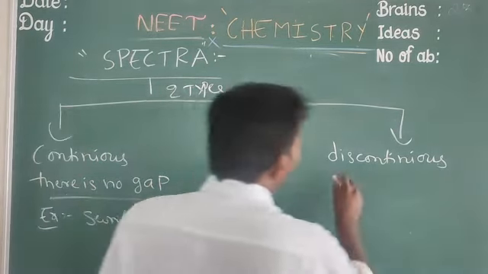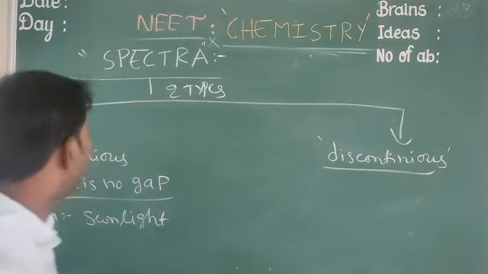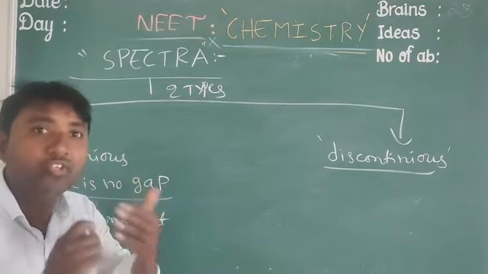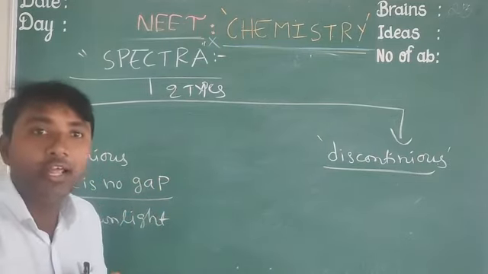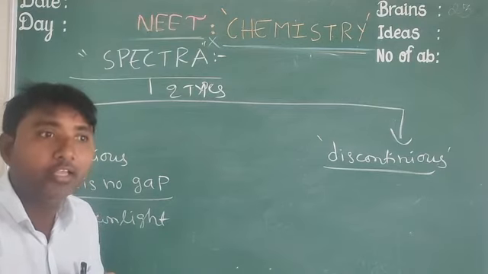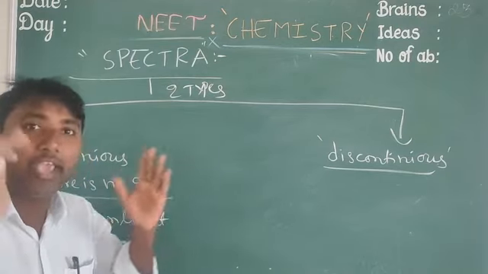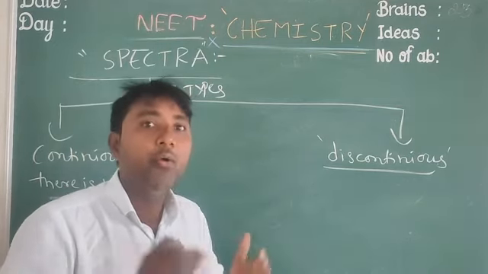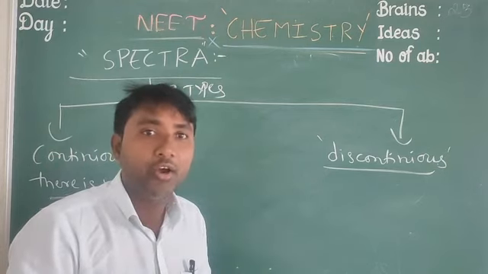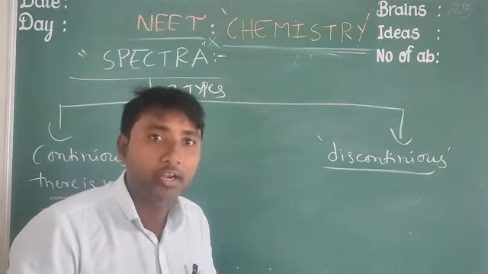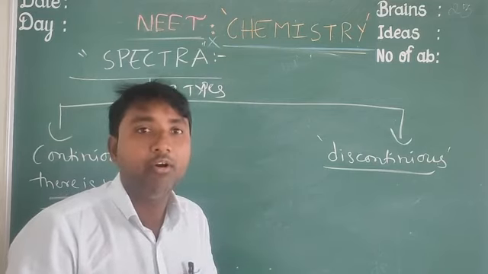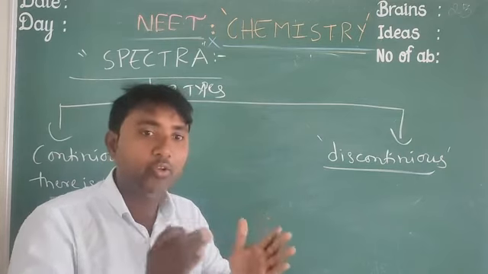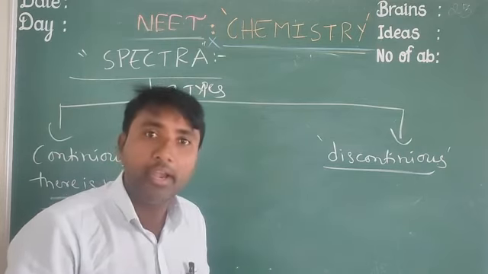Then discontinuous spectrum. When one color merges, means combines, with another color, there is a gap. That means even after mixing of colors, we can easily determine or separate the individual colors, the parent colors.